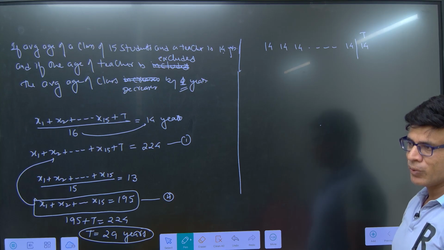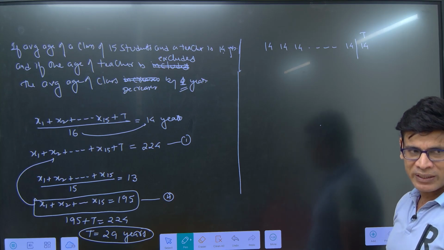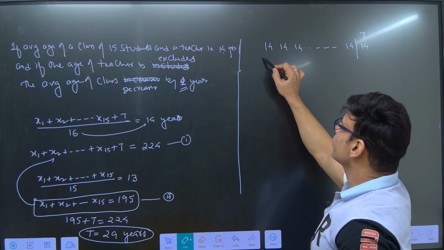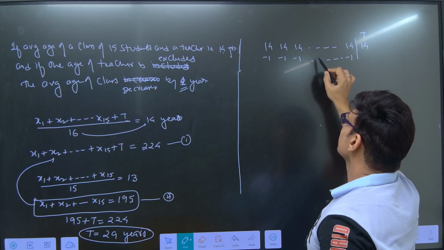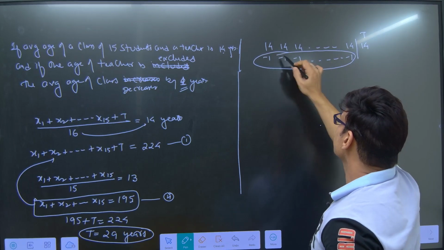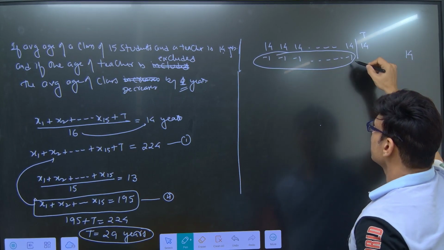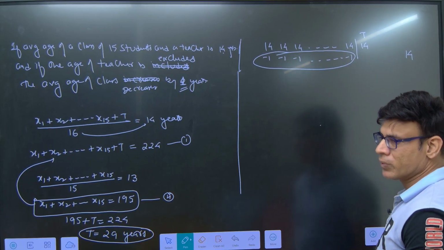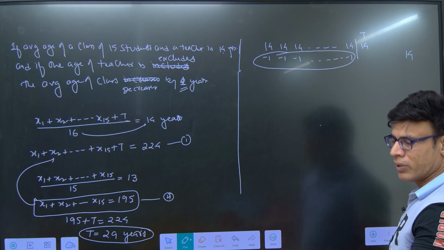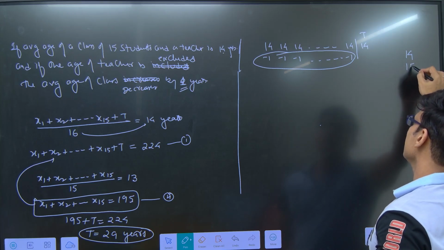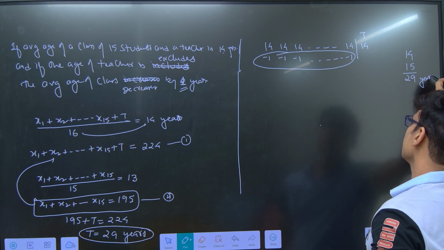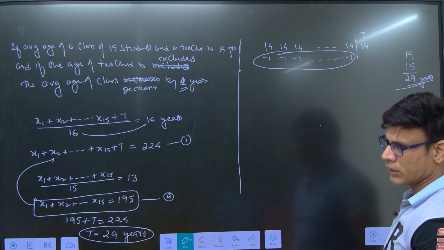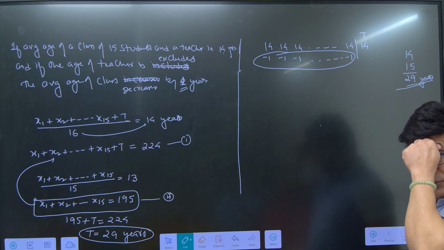Along with that, she took one from each student, right? She took one from him, and one from him. She first keeps 14 with herself and then takes one from how many? 15 students. So one from 15 students, that means 15 along with 14, which is equal to 29 years. See, 29 years. Right?